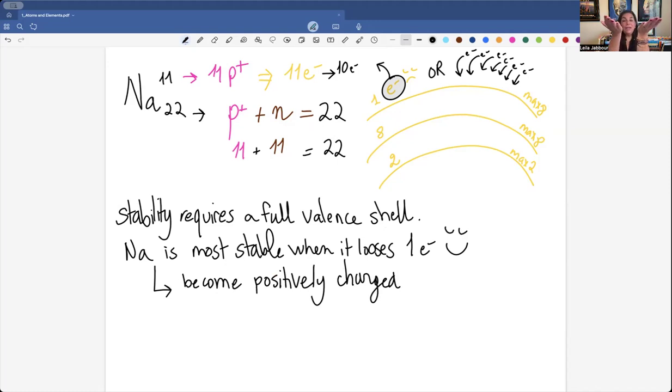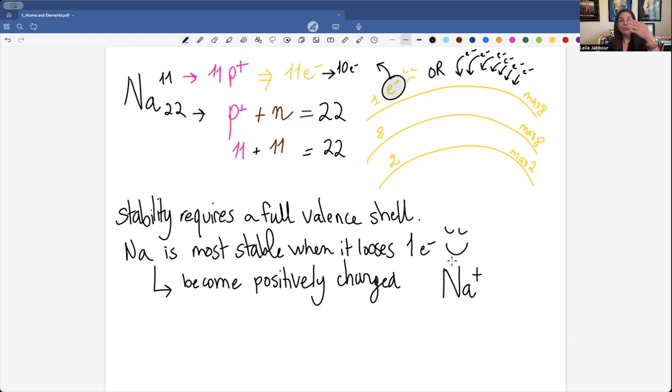We don't have as many negative and positive charges anymore. We actually have more positive charges because we didn't touch those in the center. So we have more positive charges than we have negative charges, and that's why we write it like this.